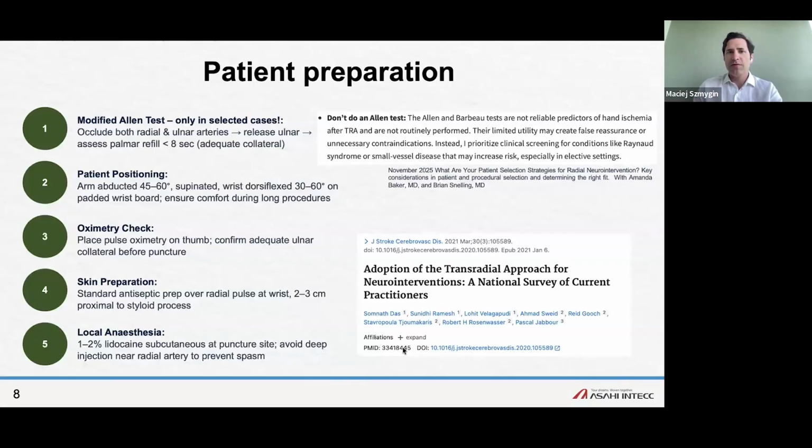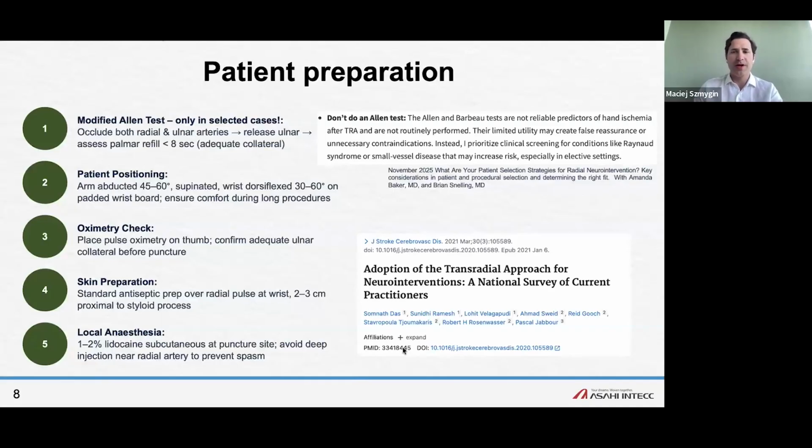It has limited utility and may expand the range of contraindications. Do ultrasound, check if they have both arteries, if they're both patent, and this should be enough. The Allen test can be performed only in selected patients. If we have doubts, if we don't know, then maybe we can perform it.